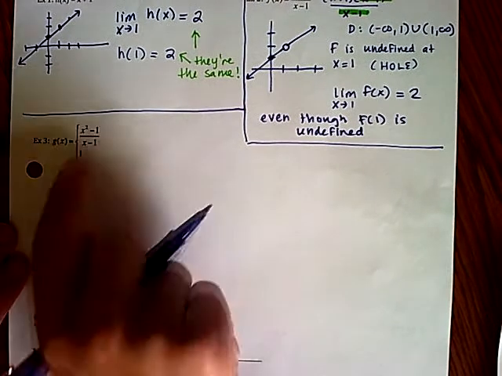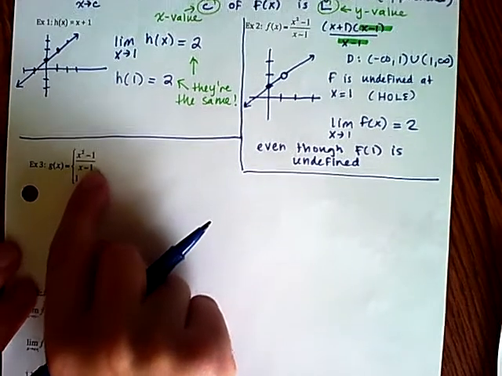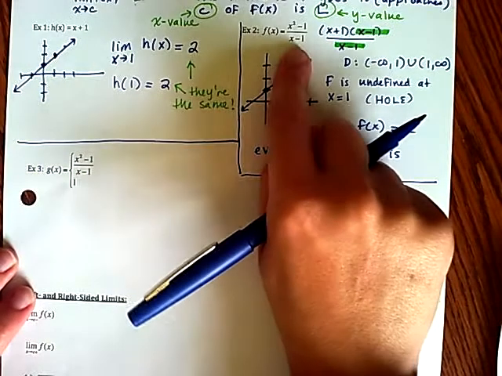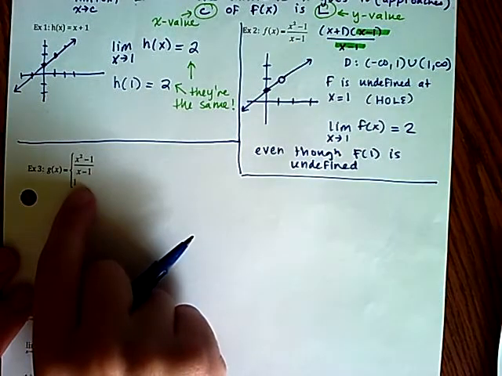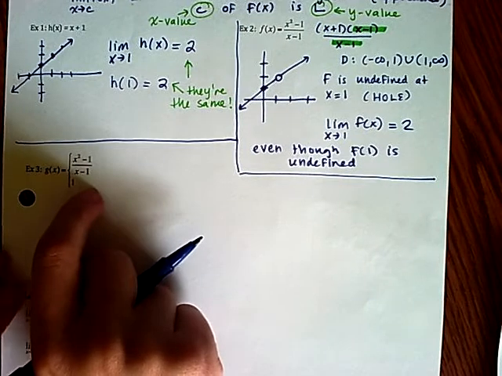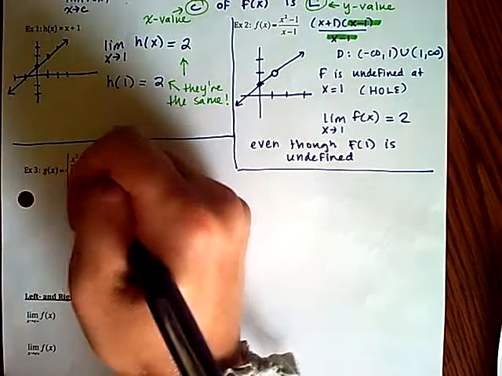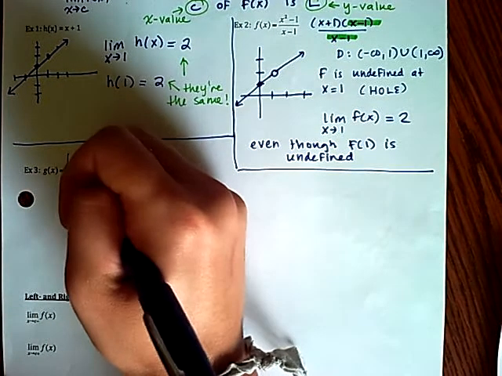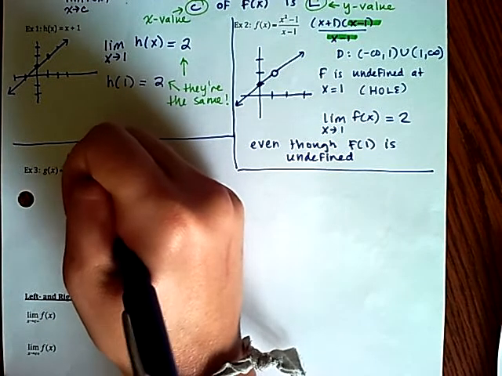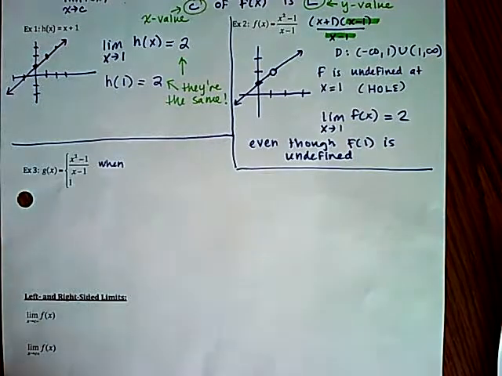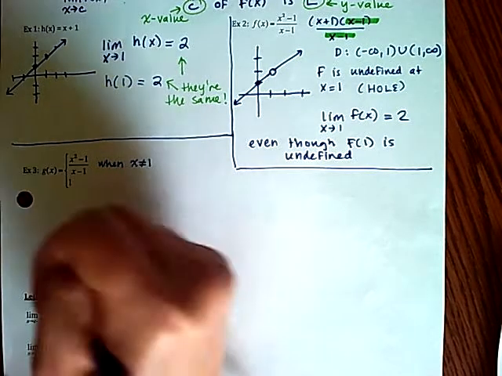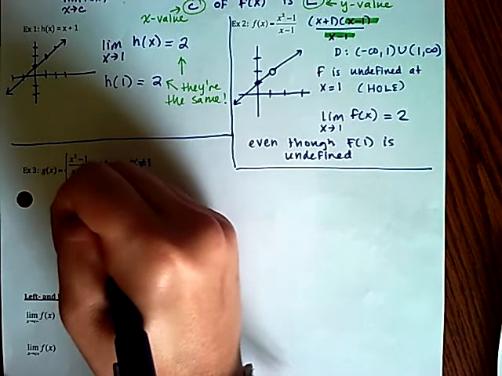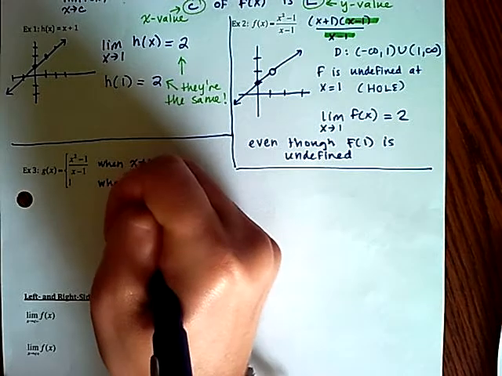Now notice the first piece of this piecewise function is the exact same equation from example 2, and the second piece is just the value of 1. Oh, I forgot to say the domain restriction, so we want to say when x does not equal 1 for the first chunk, and then when x equals 1.